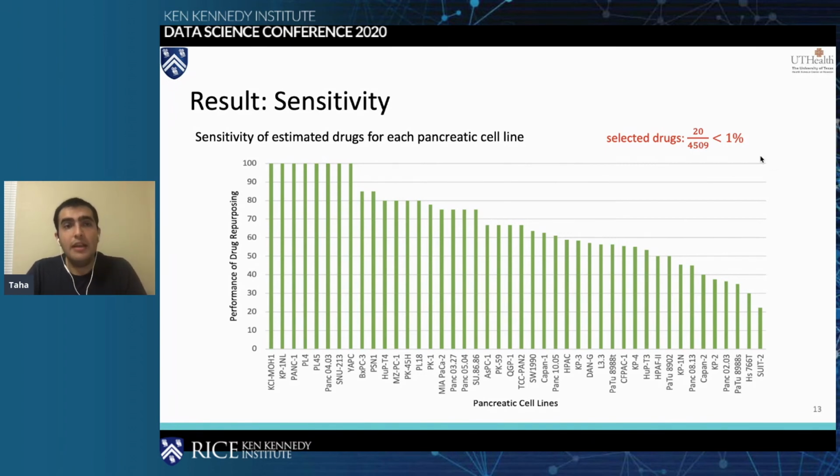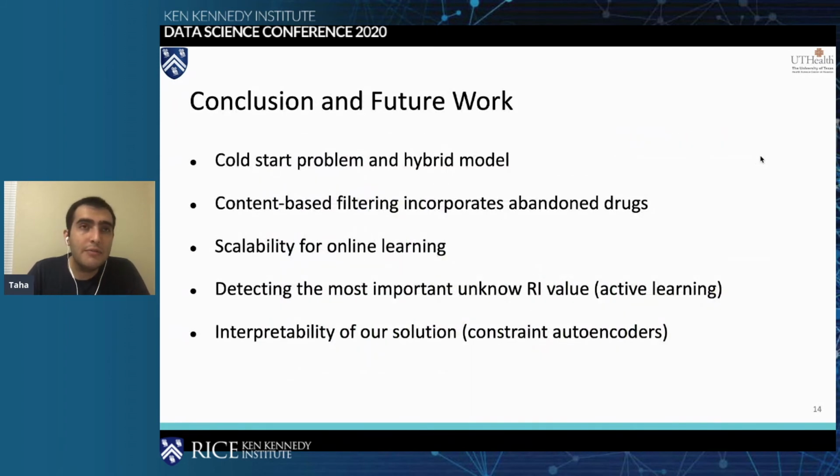With that in mind, I'm going to review some remarks of our algorithm, and then I will end. First of all, we formulate our problem as a cold start problem, and we develop a hybrid solution for that. Note that for our problem, collaborative filtering usually has better performance. But why is content-based filtering important in our algorithm?